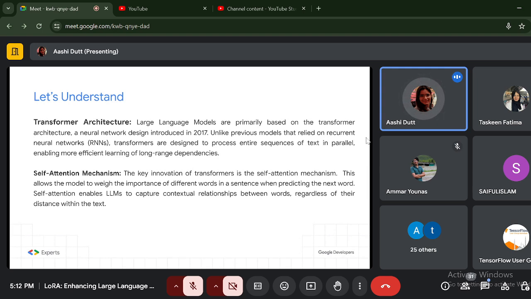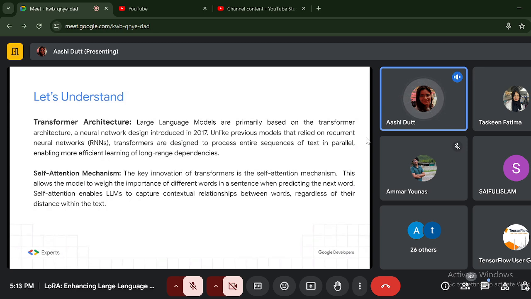Transformers were introduced back in 2017 by Google, and these were the best of the best models back then, and they are now as well, because most LLMs are based on transformers. So transformers have something different. Unlike previous models, these are not dependent on recurrent neural networks or previous memory.